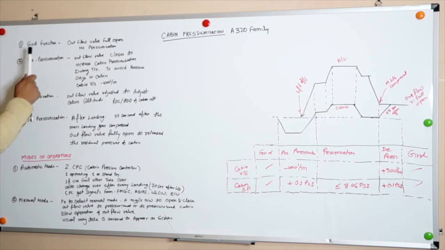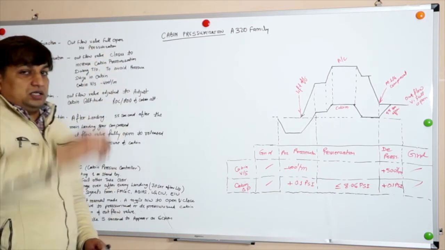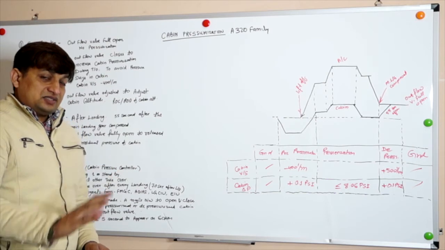Okay, after the ground function, next comes pre-pressurization. What is pre-pressurization? So friends, pre-pressurization is the pressurization before actual pressurization. What does it mean? When the pressurization starts, it starts as the aircraft starts climbing.